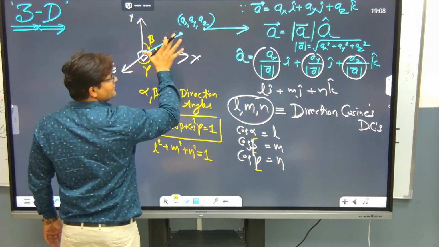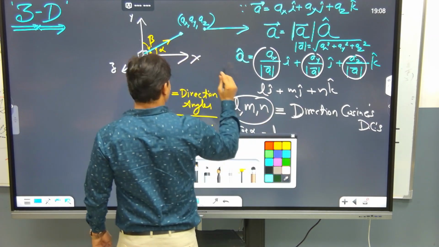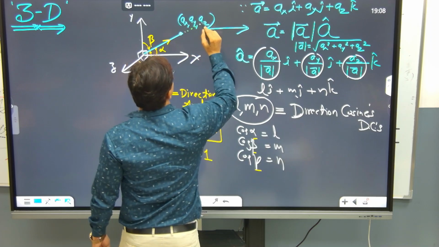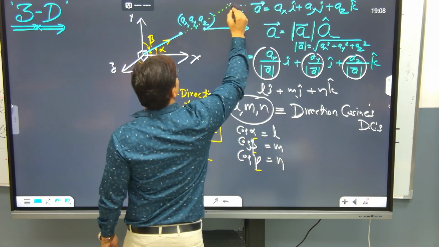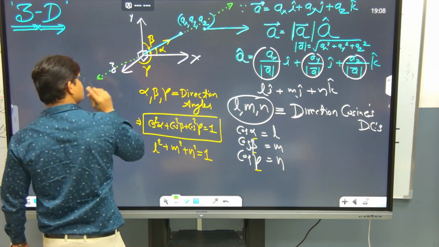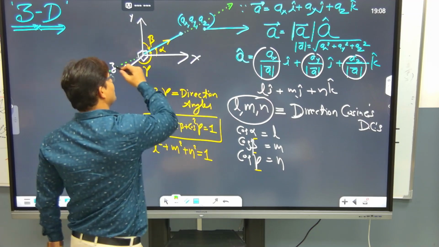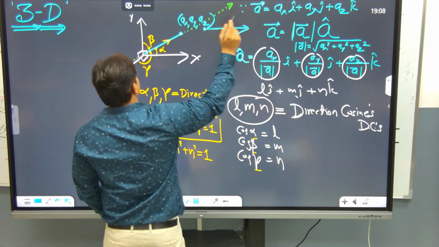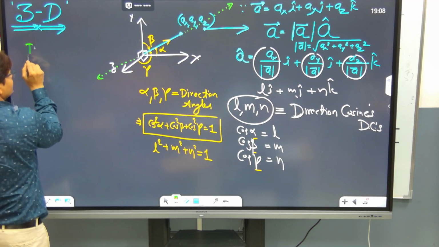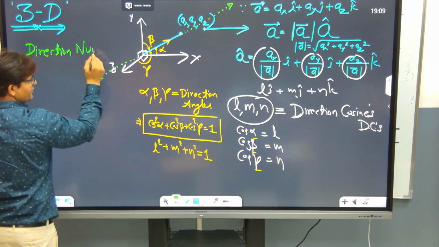This directed line segment is our vector, but the actual line of support for this vector is this line. So the actual line of this vector extends this side up to infinity, and the same for this side also. Every point on this line is our direction number. So what is direction number or direction ratio?